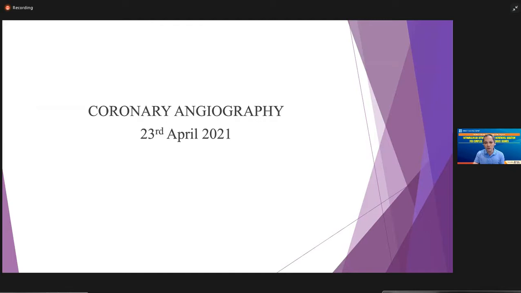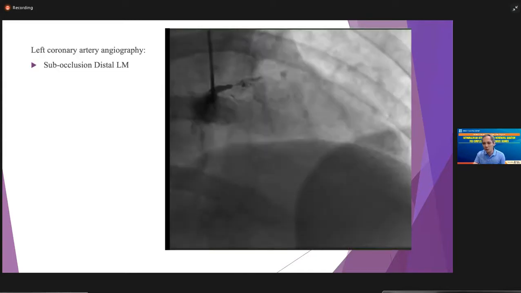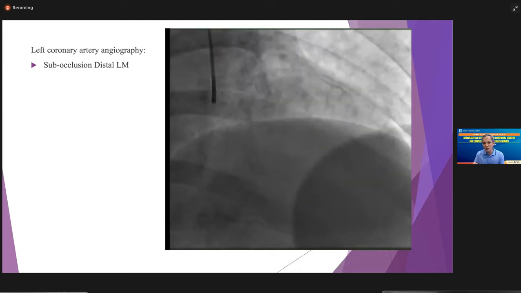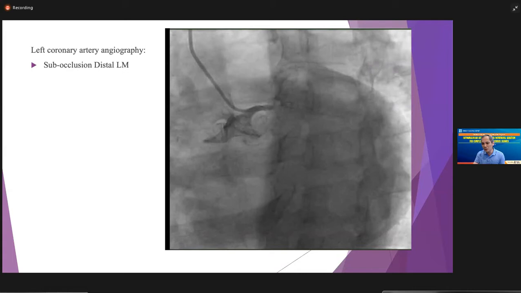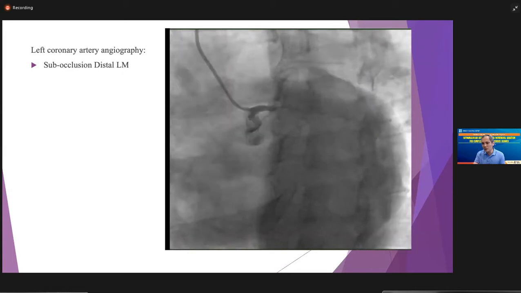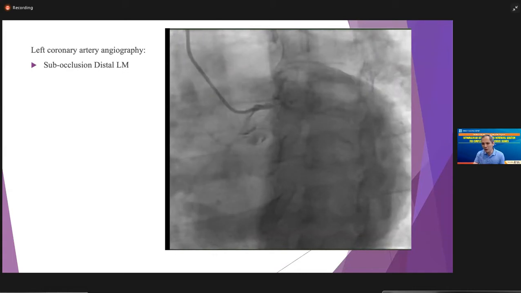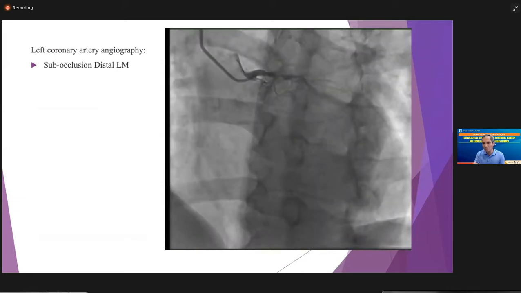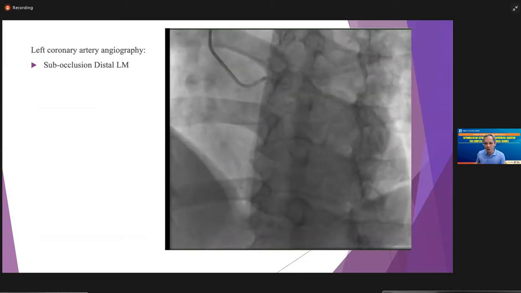Angiogram on 23rd April 2021. We see the occlusion in the distal left main, and a sub-occlusion of the LCx. We see clearly a little contrast going to the ostium of the LAD.